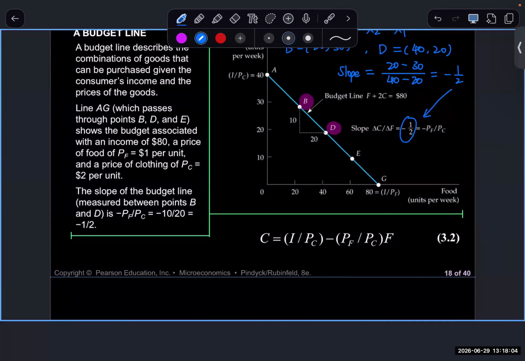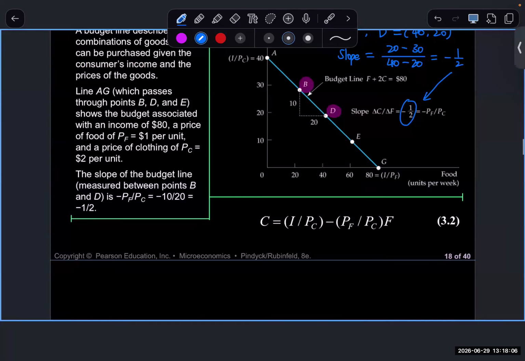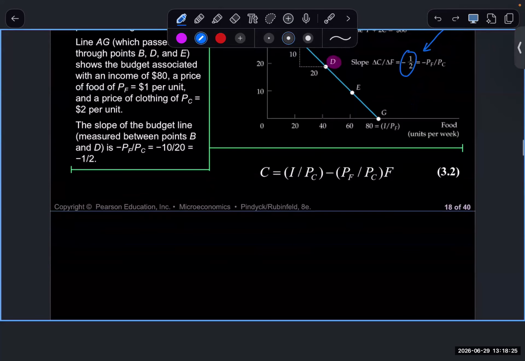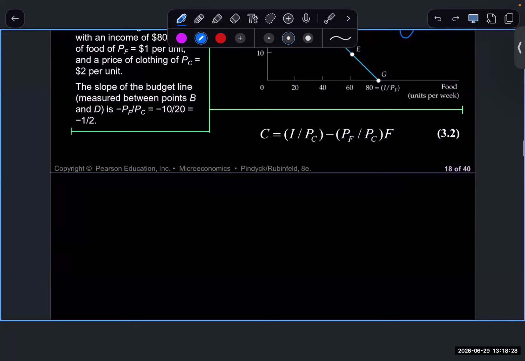Next one, I want to ask you guys, how can we get the equation like this? How can we get equation 3.2? How to derive it? Let's work together.